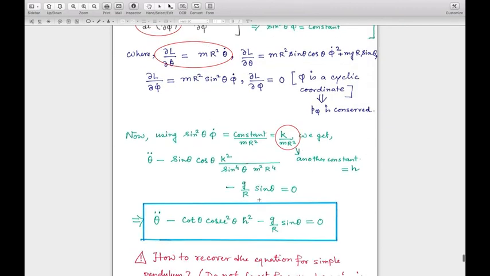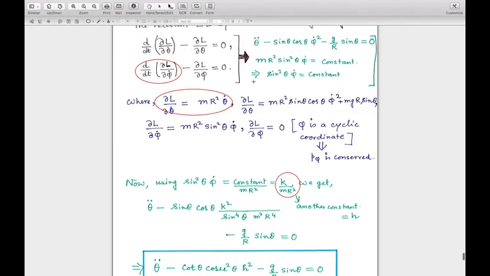Now, if you write this Euler-Lagrange equation for theta, it should look like this: theta double dot minus sine theta cos theta phi dot square minus g by r sine theta is equal to 0. If you replace all these values in this equation, from this equation you just have the information of one constant of motion.